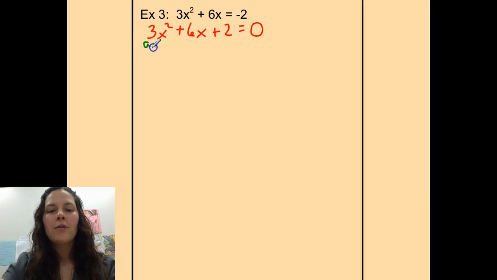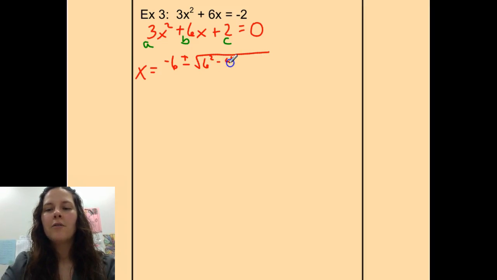Identifying our a as 3, b as 6, and c as 2, we're going to substitute this into the formula. X equals the opposite of b plus or minus the square root of b squared minus 4 times a times c all over 2 times a.